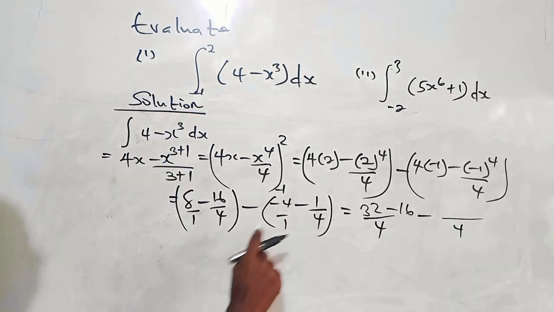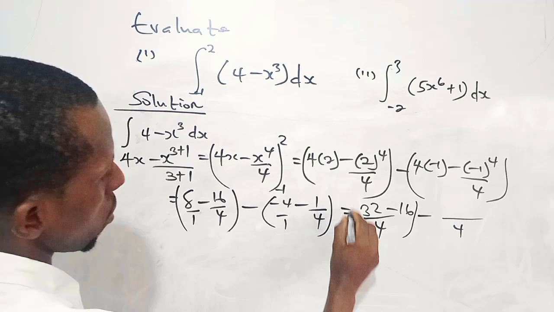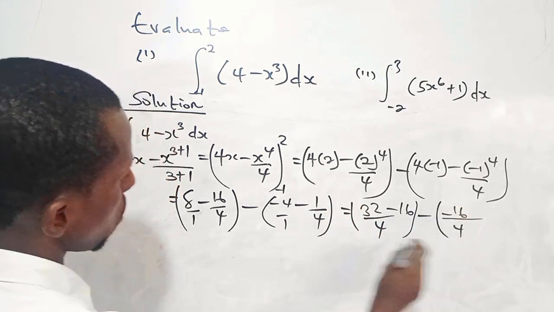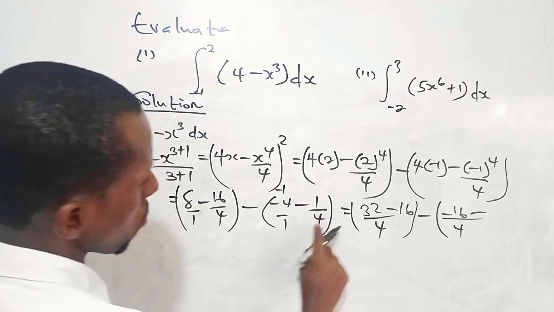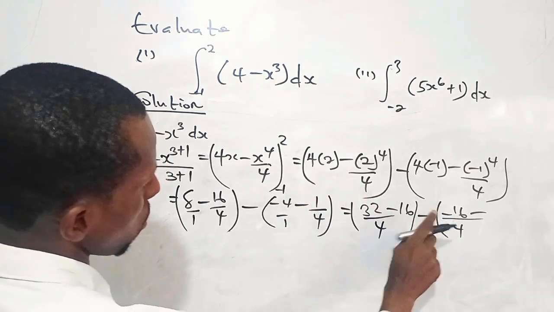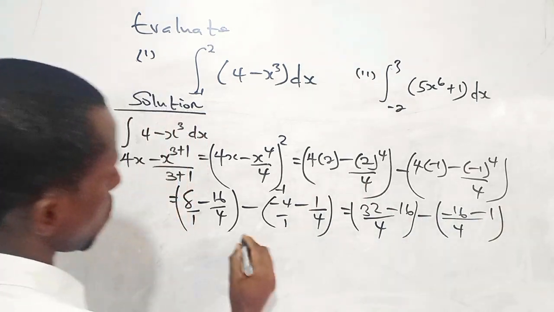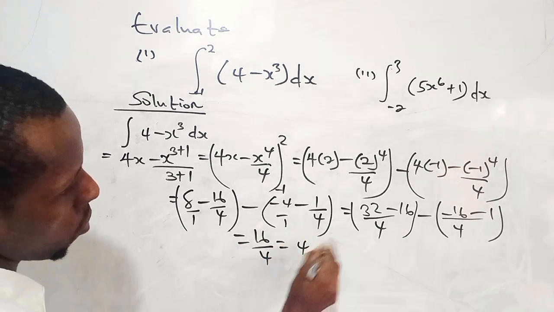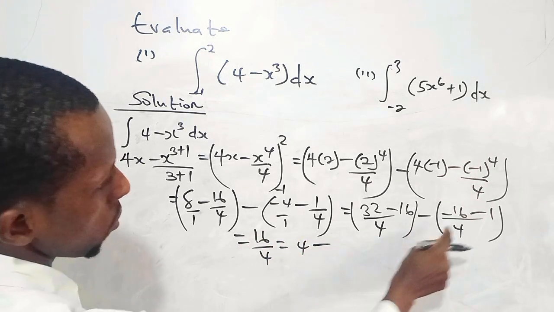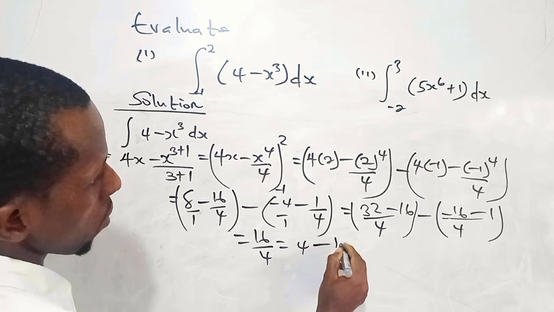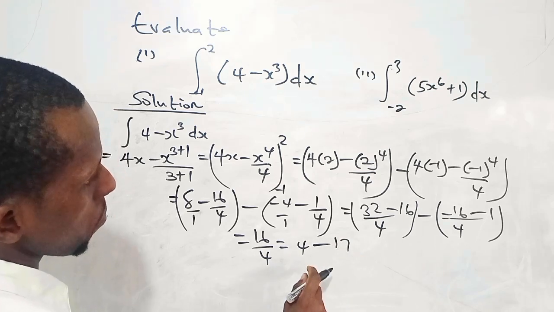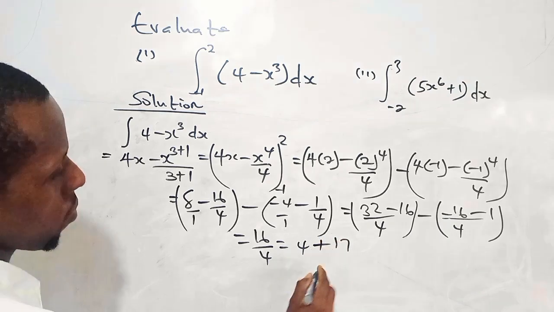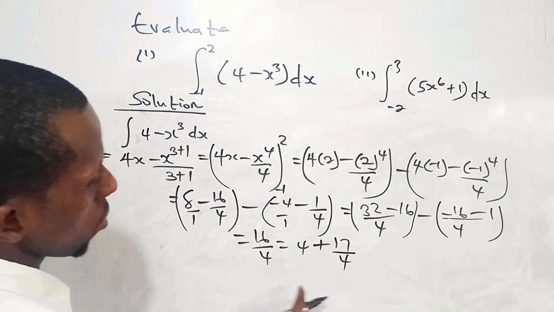For the second bracket, with the LCM of 4, 4 times -4 is -16, minus 1. So 32 minus 16 is 16 over 4, which is 4 for the first one, minus the second, which is -17 over 4, that is plus 17 over 4.